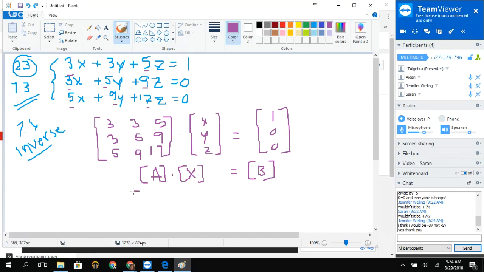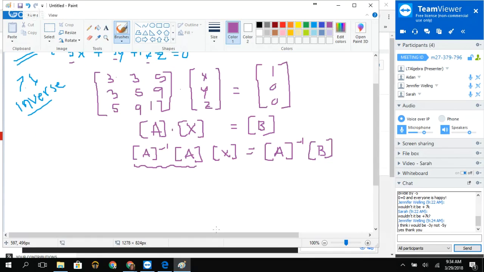So what I mean is, if I take the inverse of matrix A times matrix A times X, then I also need to multiply the inverse of matrix A on the other side by B. I promise I'm getting there, and it's exciting-ish. The inverse of matrix A times matrix A is just the identity matrix, the ones and zeros.